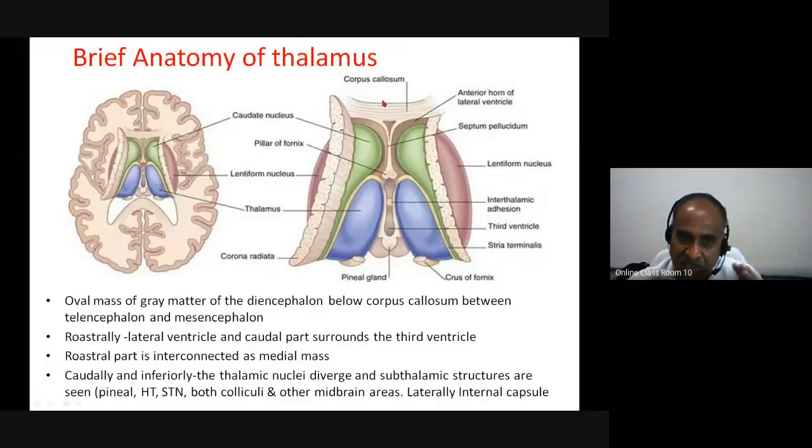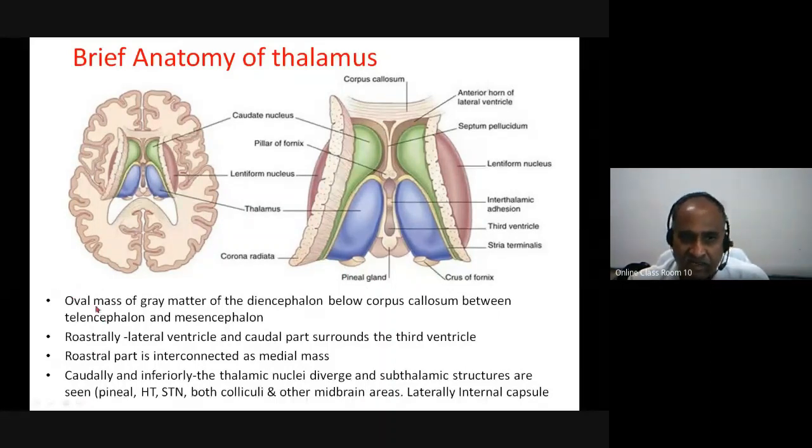That is where the two hemispheres connect. These two hemispheres are connecting each other here. This is the corpus callosum, and this is the third ventricle. Here is the pineal gland, and we have the other structures of the diencephalon.